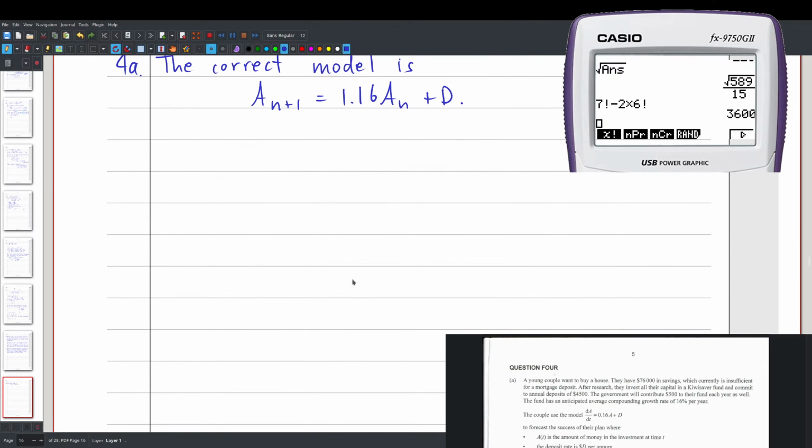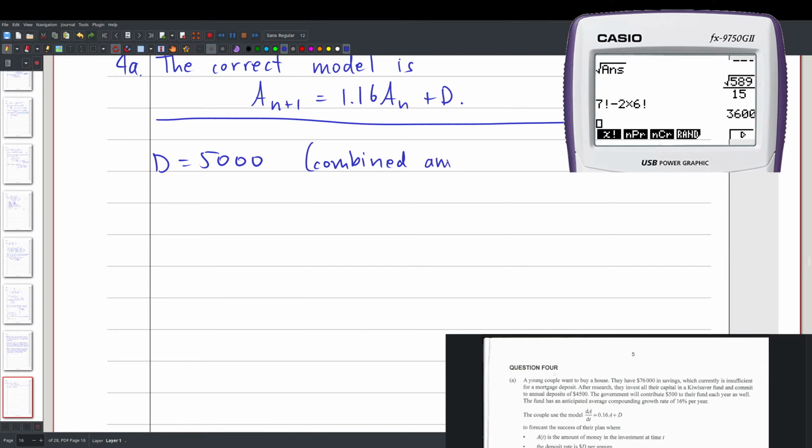But if the QA wants to do whatever, then they can. So D is equal to 5,000, the combined annual people plus government.